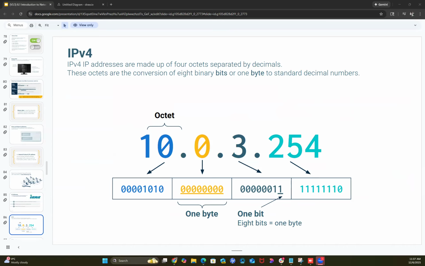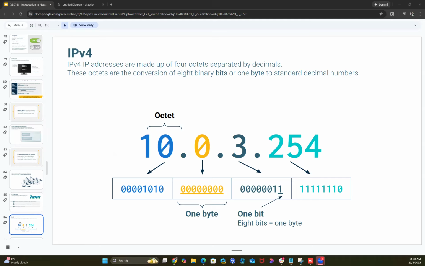And then 10 means a bit. 10 has 8 bits. 8 bits equal 1 byte. So for example, 1 byte is 8 bits strung together. A bit is simply a single binary digit, 1 or 0.